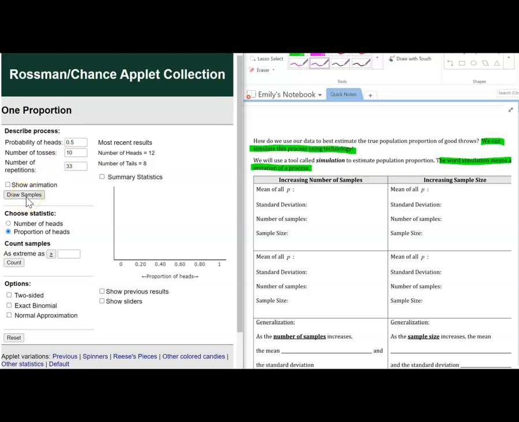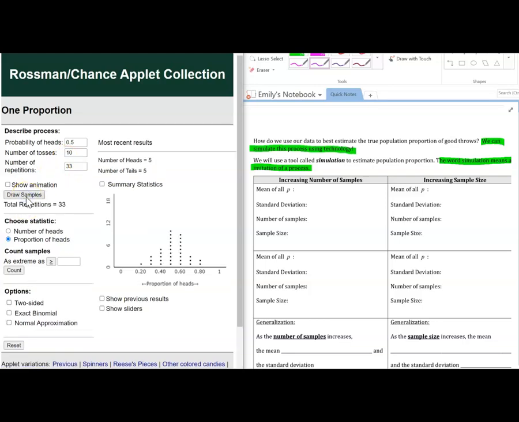So I'm going to hit draw samples, boom, and then I'm going to turn on my summary statistics, and there you go. You'll notice that this doesn't perfectly match, and it's not intended to, because this assumes that the true population proportion is 0.5, but in practice, it might not be exactly 0.5, it could be a little bit off, which is what you're seeing.